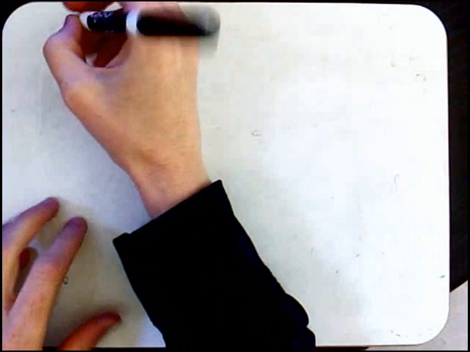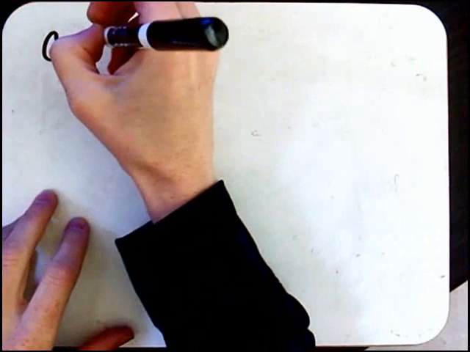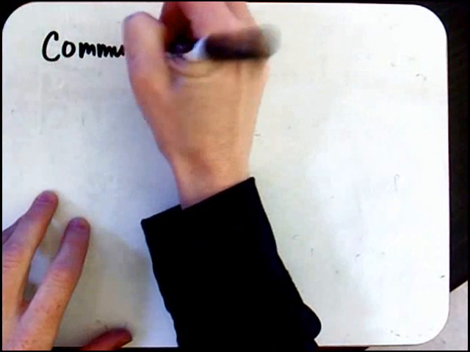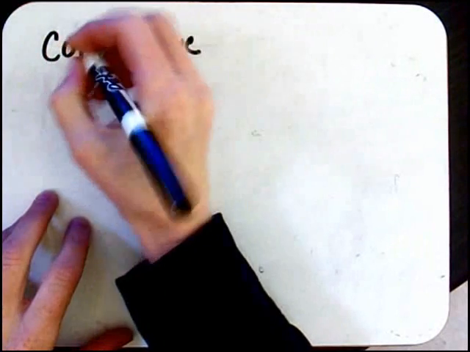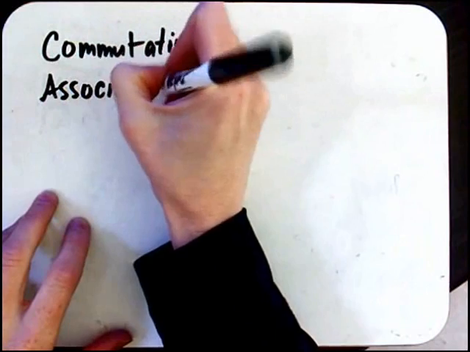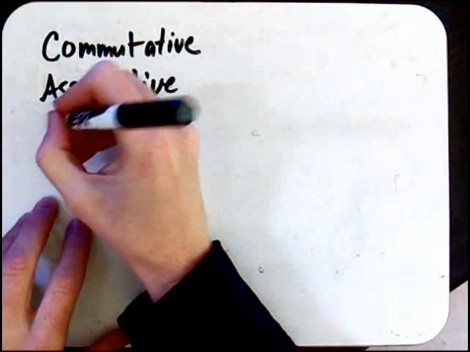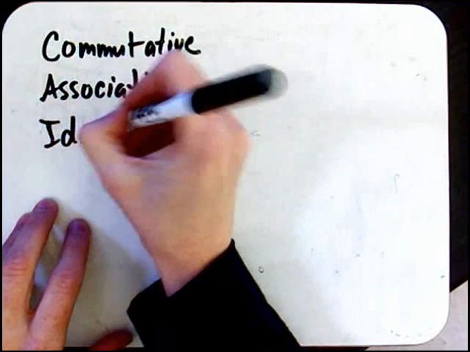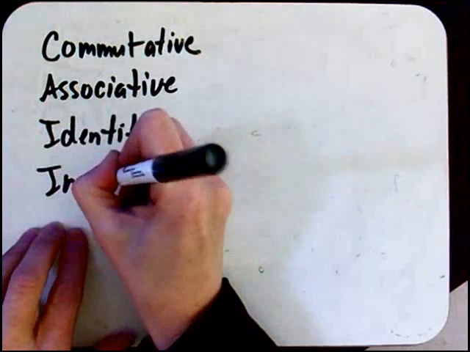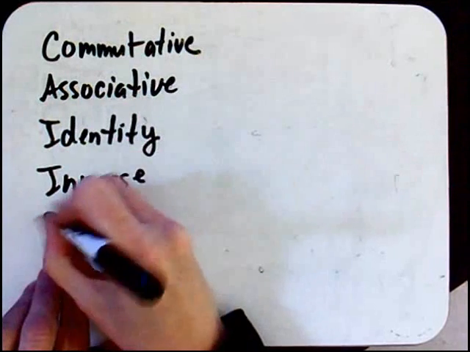We have the commutative property, the associative property, the identity, the inverse, and the distributive.